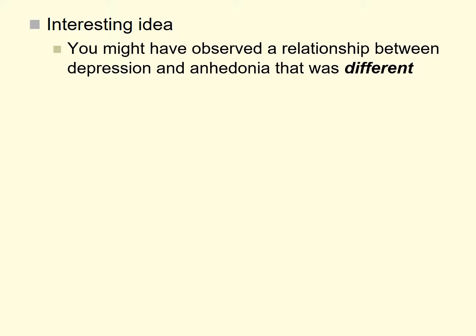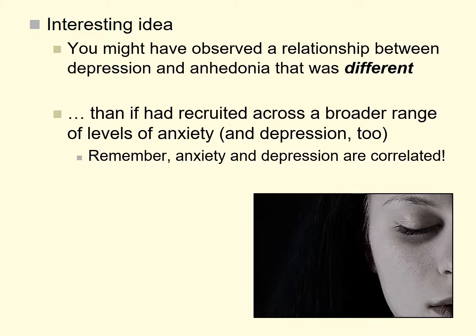If we did that, we might have observed that the relationship between depression and anhedonia was different than what it would have been if we'd recruited across a broader range of anxiety and depression. So again, had we done this rather constrained, sort of odd approach to data collection, we might have seen a very different relationship between depression and anhedonia among that kind of selected group of folks than we would have seen if we'd recruited more broadly and included people who had very low levels of anxiety and moderate levels and high levels.